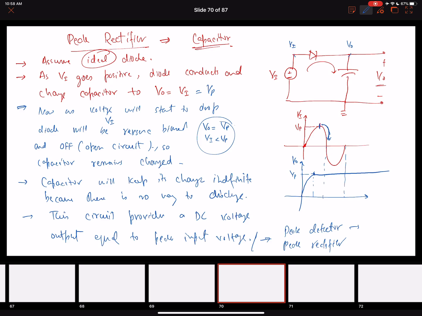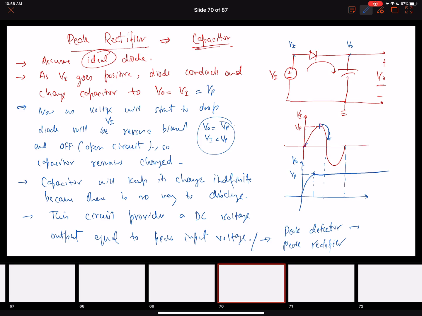So we saw that if you just connect a capacitor after the diode, after the rectifier circuit, as soon as this voltage waveform goes above or equal to 0 and then moves higher, the capacitor is going to start to charge because the diode becomes short circuit. Or, in case of a real life situation, there's going to be a 0.7 or VD voltage drop.